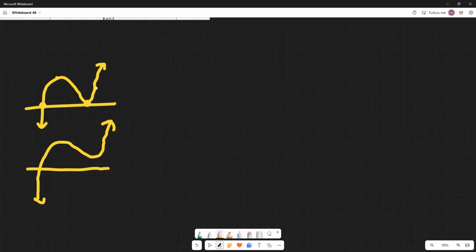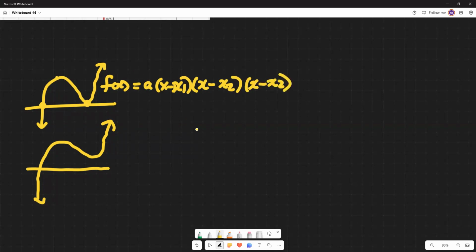If you have this form, your f of x will be written in this way: a times x minus x1, x minus x2, and then another x minus x2, because you only have two x-intercepts.